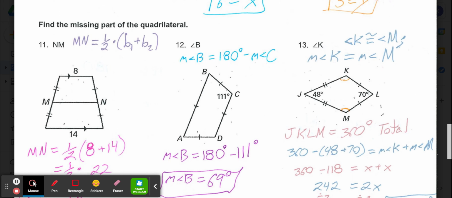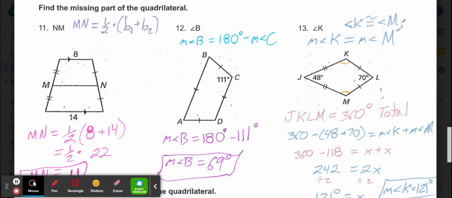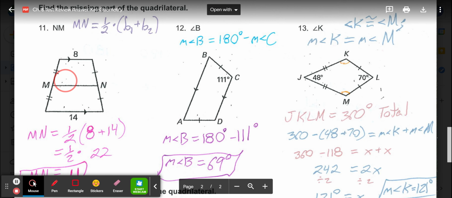Now moving down to 11, 12, 13. They want us to find the missing parts of the different quadrilaterals. So if I look at number 11, I know what I have here is a trapezoid, and I know MN is the mid-segment.